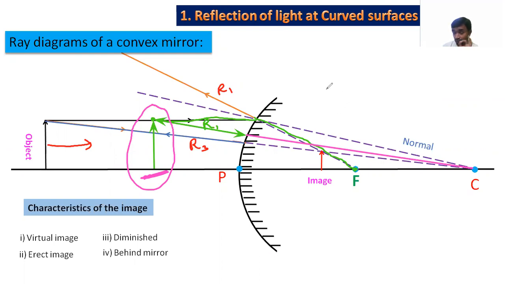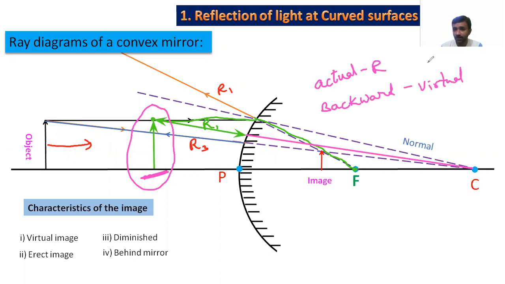To say virtual image, we have one reason: if the light rays after the reflection themselves coincide, then that is a real image. If they coincide by the backward rays or backward extension, then it is virtual.